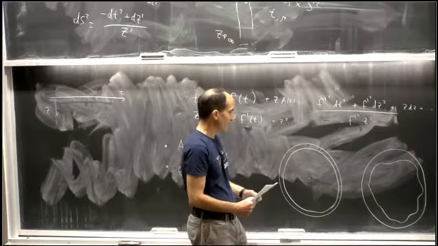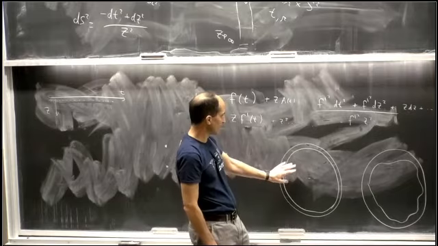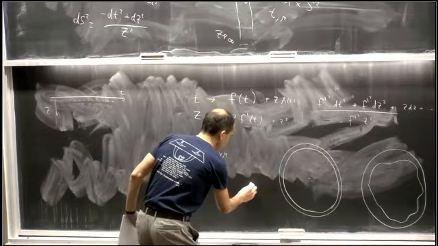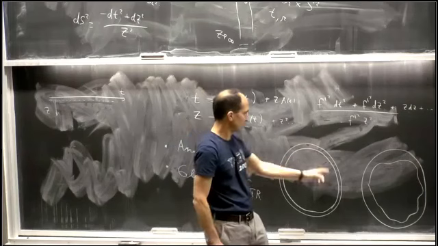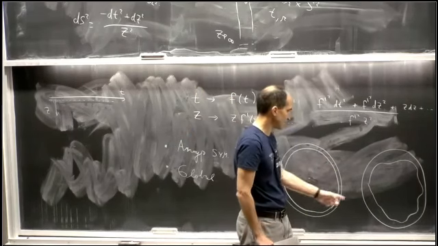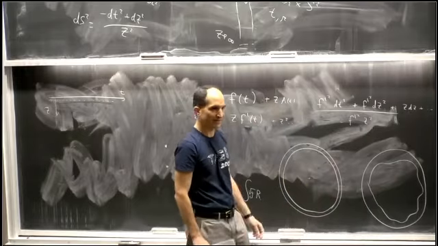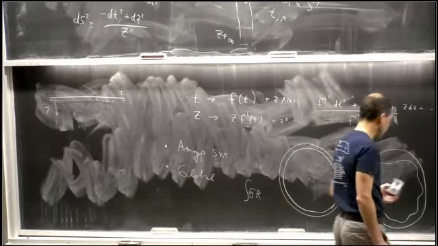And in the exact ADS2 discussion, the action is just simply the integral of square root of g R, which is topologically invariant, and so this and that will have exactly the same action. Okay, again, as long as these two curves have the same length. So that's this valley discussion.